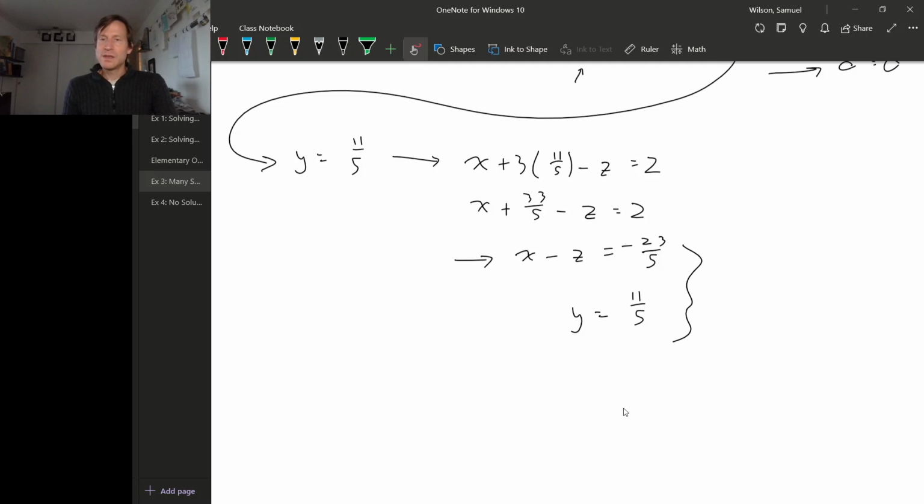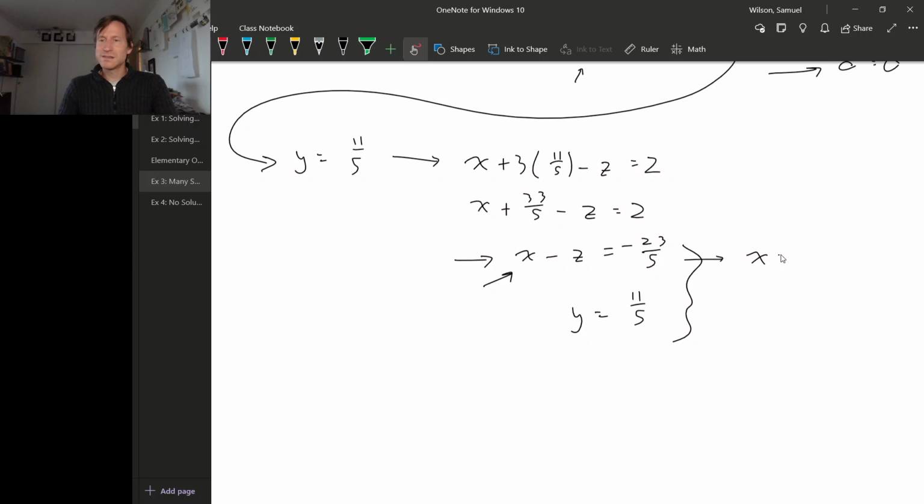All right. So this first result here, we can view as saying something about x, or saying something about z, just depending on whether we solve this equation for x or for z. And it looks like solving for x is going to be straightforward, so let's do that.